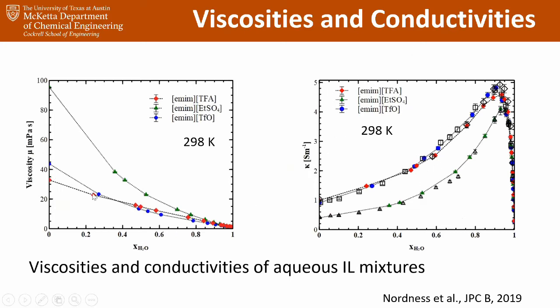And so here are actually the viscosity numbers. This is for triflate, trifluoroacetate, and ethyl sulfate. So you can see what the viscosity does. It makes perfect sense. And then over here is, of course, the conductivity, which still makes perfect sense in that as you dilute with water, you are decreasing the viscosity, so you're increasing the conductivity, but eventually you have so few charge carriers that the conductivity starts going down.